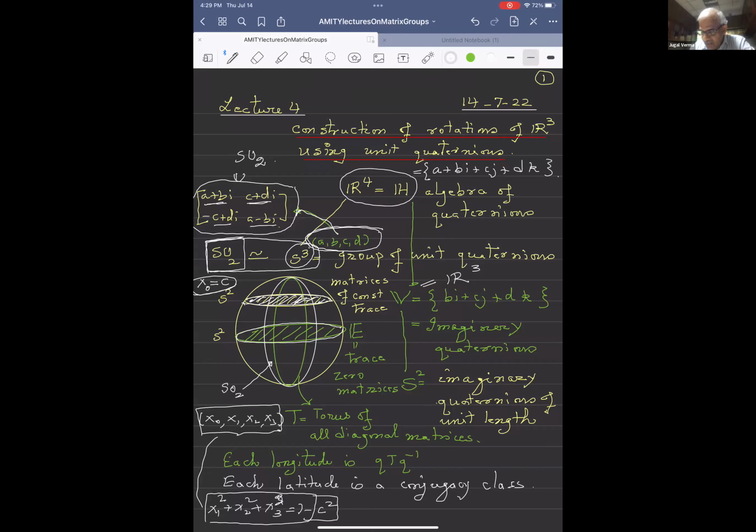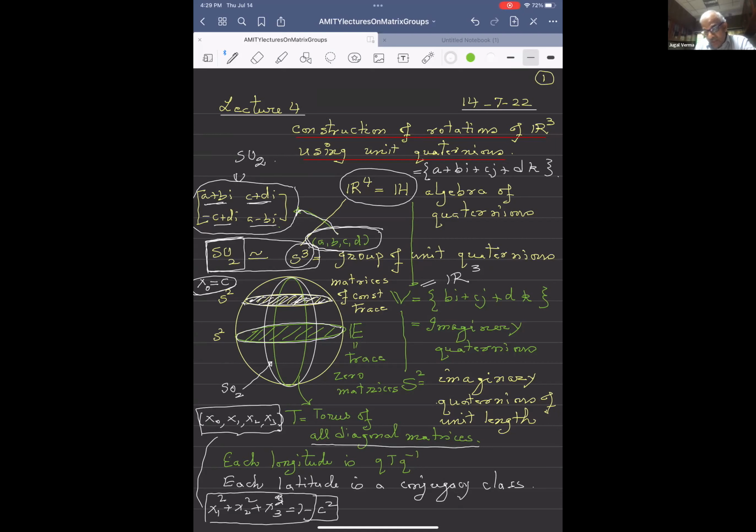What I will prove next time, and work towards today, is that these latitudes and longitudes have a group-theoretic interpretation. It will turn out that one of the longitudes on this three-dimensional sphere is the group of all diagonal matrices in SU2.